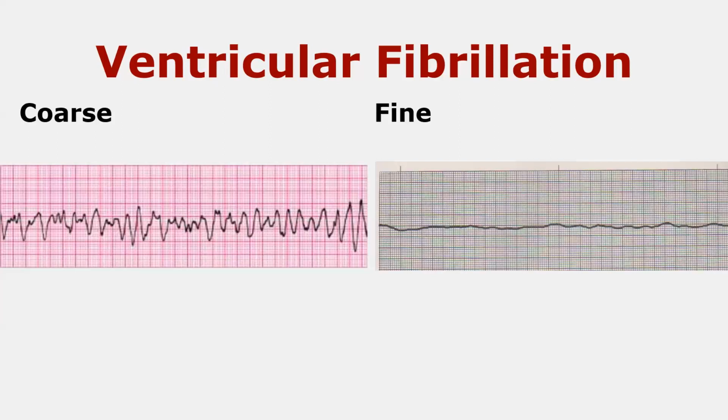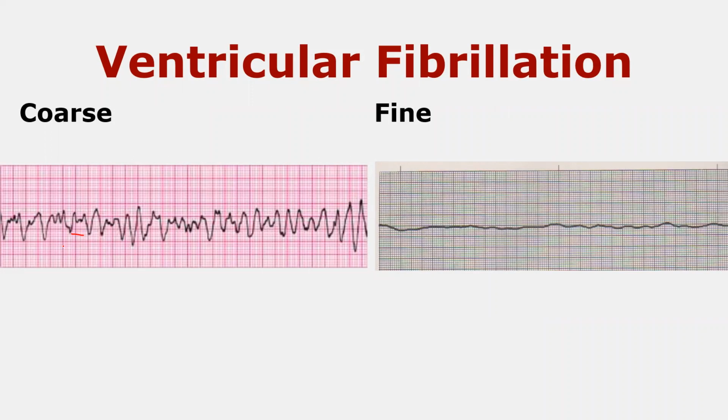The resulting rhythm is going to be chaotic with deflections that may vary in shape and amplitude. And whenever you have ventricular fibrillation waves that are 3 or more millimeters in height, like for example over here, do we have more than 3 millimeters in height? This is what's called a coarse ventricular fibrillation.